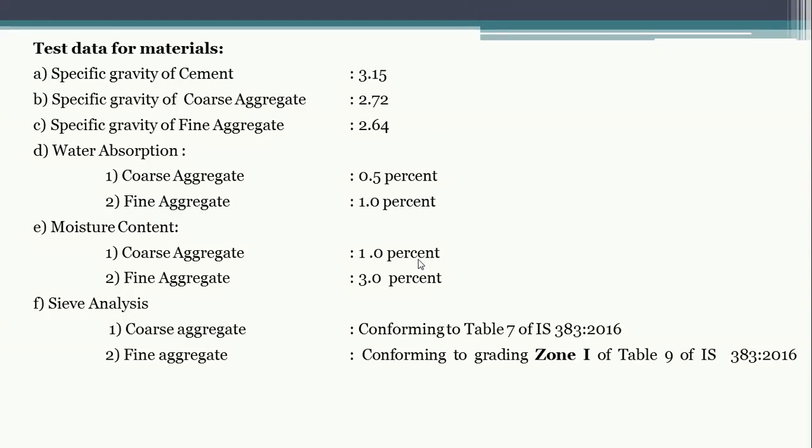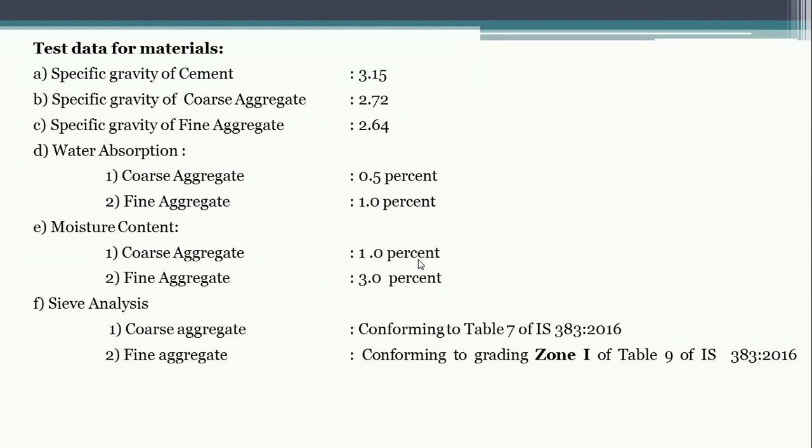Then you should know the specific gravity of cement, and the specific gravity of fine and coarse aggregate. At least you should know the range. Sometimes they will say assume all the test data suitably, then you have the provision to select your own values. But while selecting, make sure that the specific gravity you write is within the range.